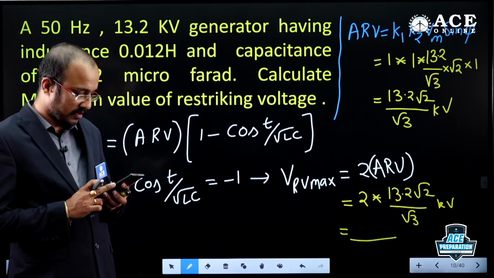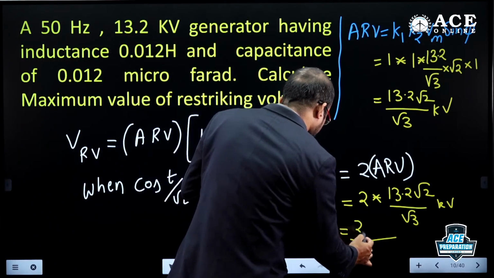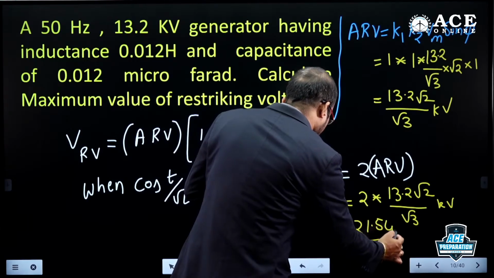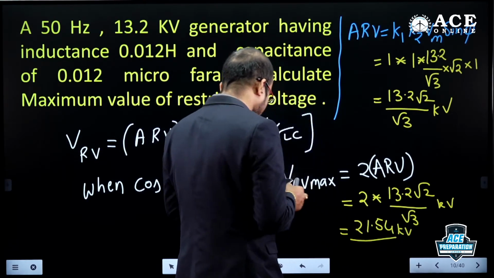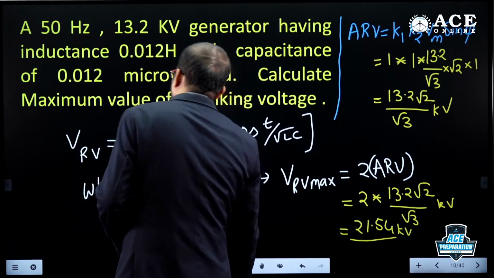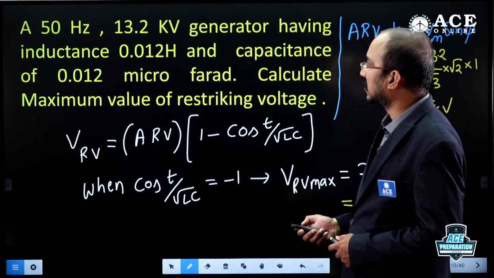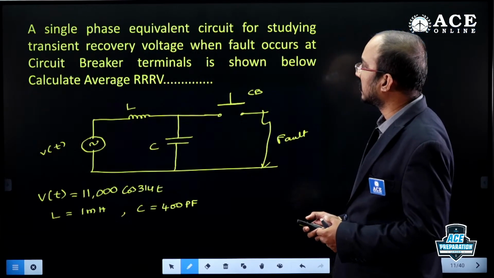You will be getting 21.54 kilovolts. Okay. That's how we can calculate VRV max. Now move to the next question.